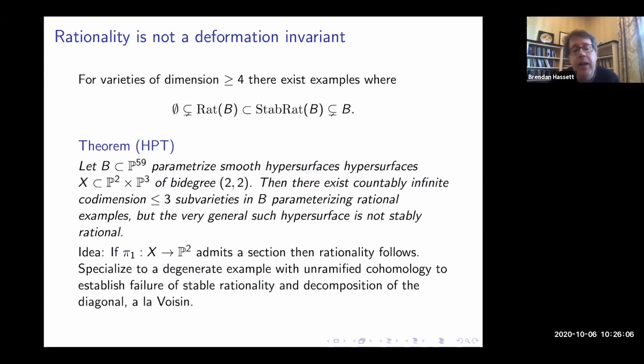And finding that explicit example is largely the key to making this argument work. So in dimensions 4 and higher, we have cases where rationality is non-empty, but not all members are stably rational.